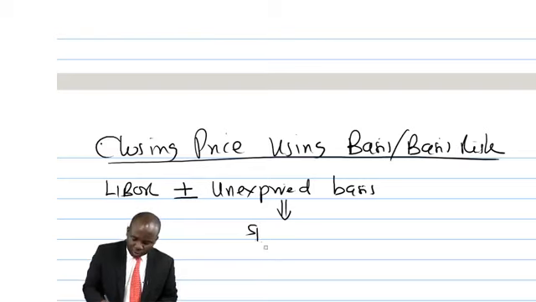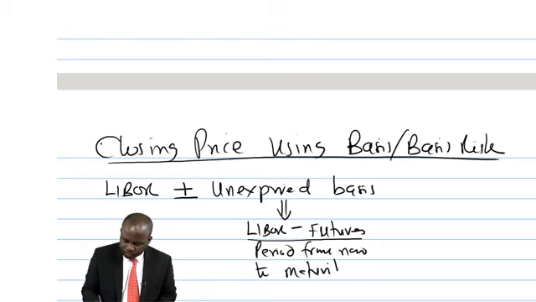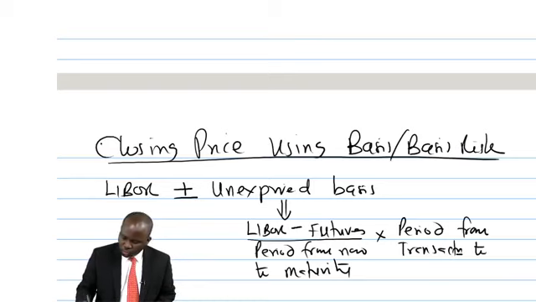So the spot rate is going to be the LIBOR again minus the futures price. We've seen the formula when we were doing the exchange rate, divided by period from now to maturity, multiplied by period from transaction date to maturity.